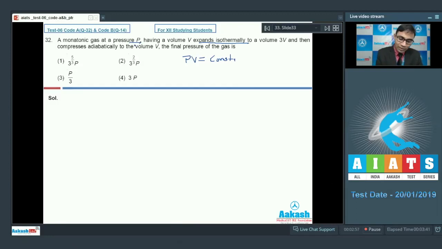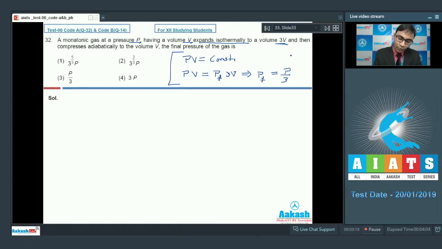Initial pressure is P, initial volume is V, final volume is 3V. So we can write P into V will be equal to the final pressure into 3V. So from here we can say that our final pressure at the end of the isothermal process will be equal to P by 3, right?